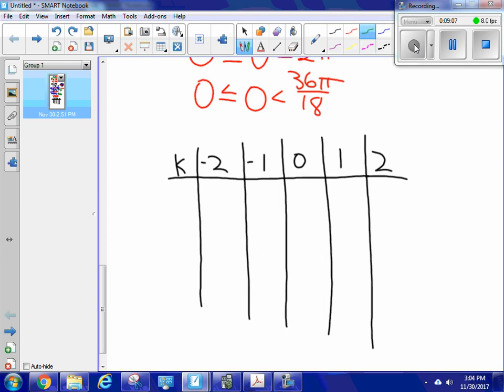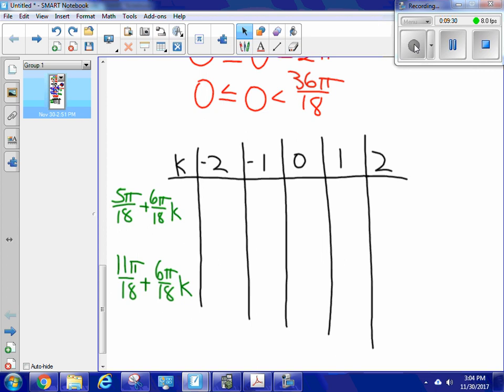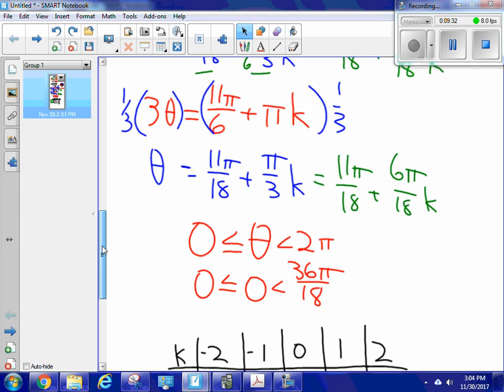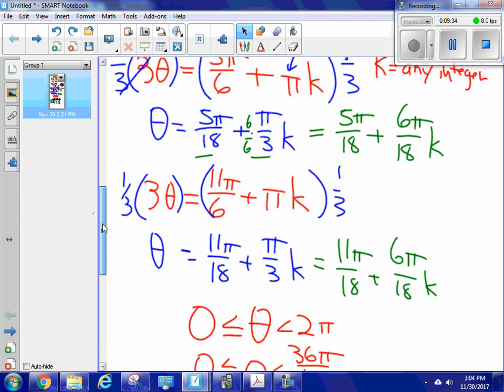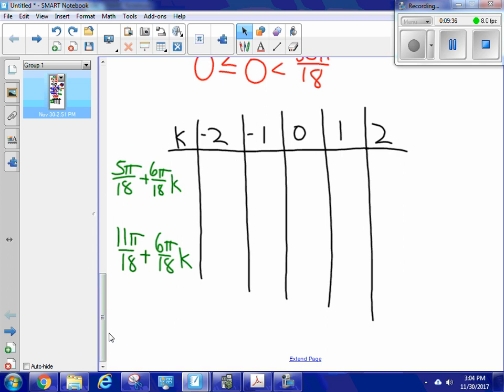So my two equations are theta is equal to 5 pi over 18 plus 6 pi over 18k. And the other one is 11 pi over 18 plus 6 pi over 18k. Let's just double check, make sure those are right. Yep, those look right.